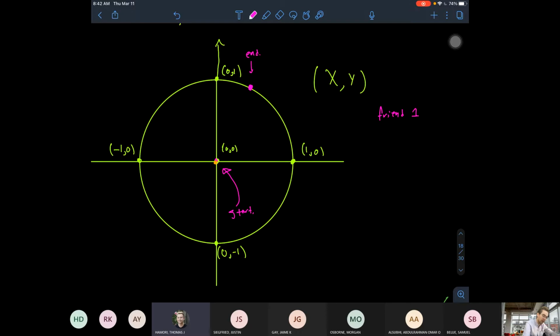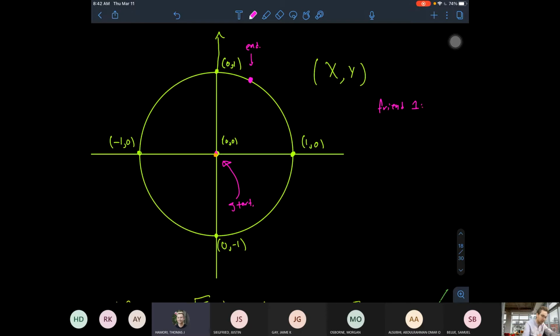Friend 1 says the following. Walk x units to the right, then walk y units up.